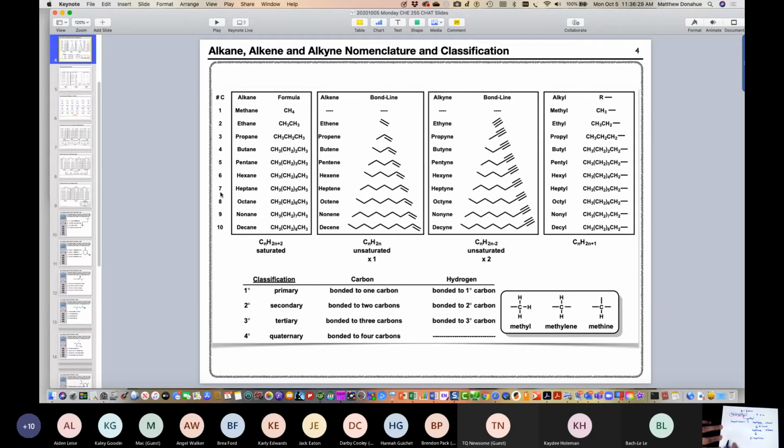So that all becomes one long word. 3-bromo-2-methyl-3-heptene.